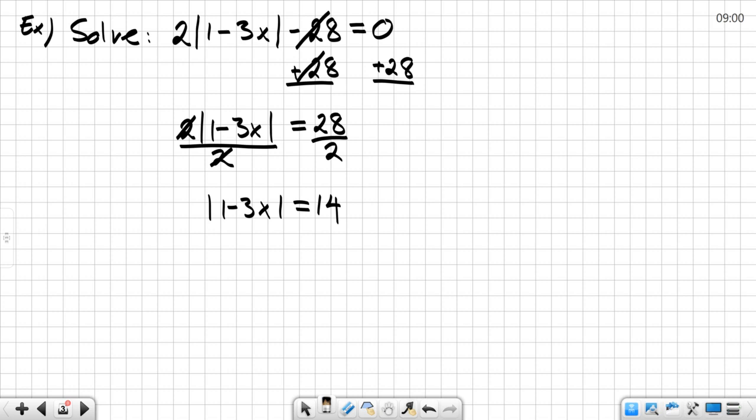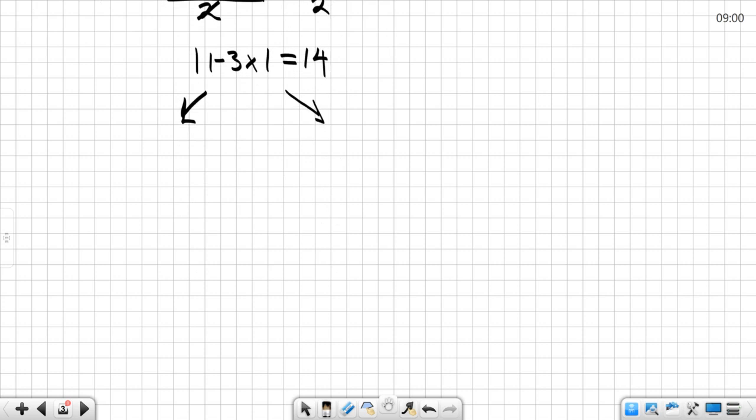Now the steps are identical to the problem from before. So I'm going to turn this into 2 equations: 1 minus 3x is equal to 14, or 1 minus 3x is equal to negative 14. And I solve both separately.